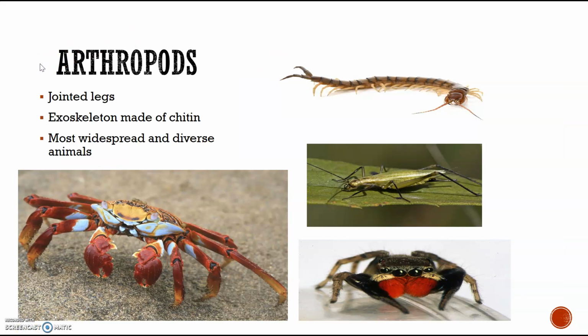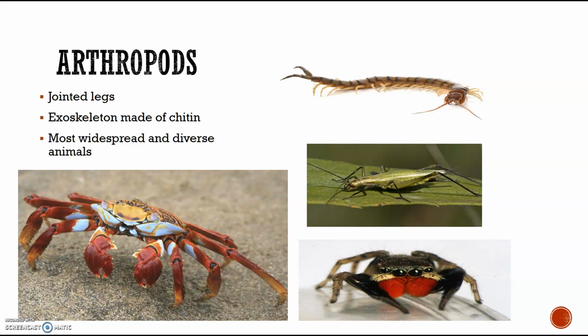So our next phylum is the arthropods. So these guys are extremely widespread, extremely diverse. Name an ecosystem, and pretty much at least one of these, if not multiple ones, have colonized it. They have an exoskeleton made out of chitin, which is a hard covering, and then they have these jointed legs, and that's where the name arthropod comes from: arthros, meaning jointed, and pod, meaning leg.